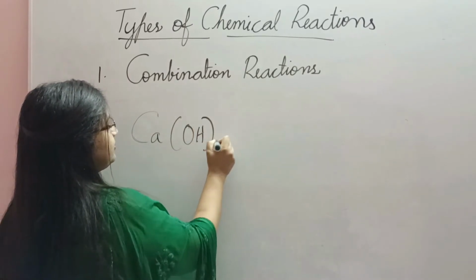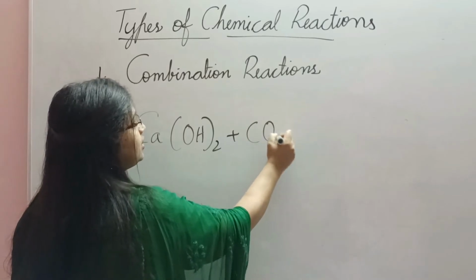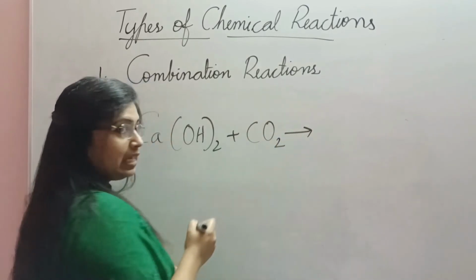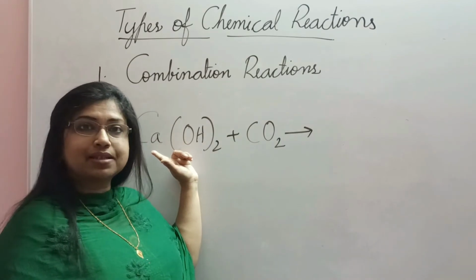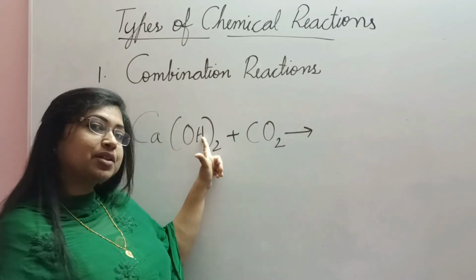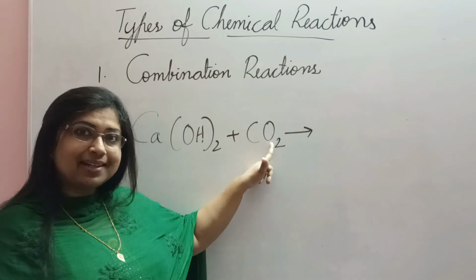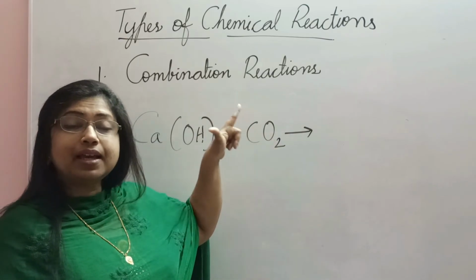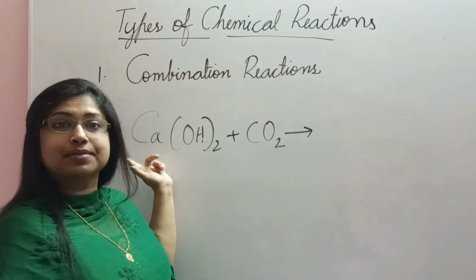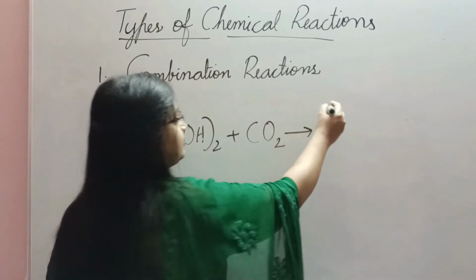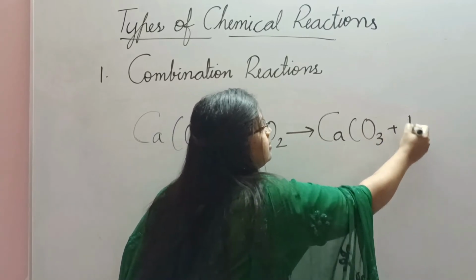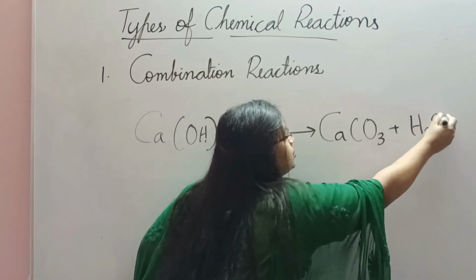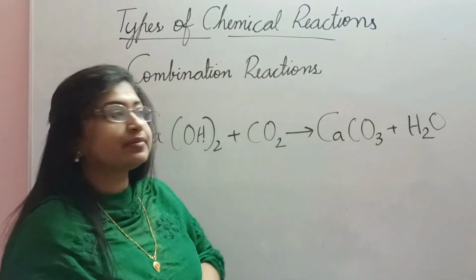Calcium hydroxide reacts with the carbon dioxide in air to form a carbonate salt of calcium, that is calcium carbonate. Plus another product is also formed, that is water.